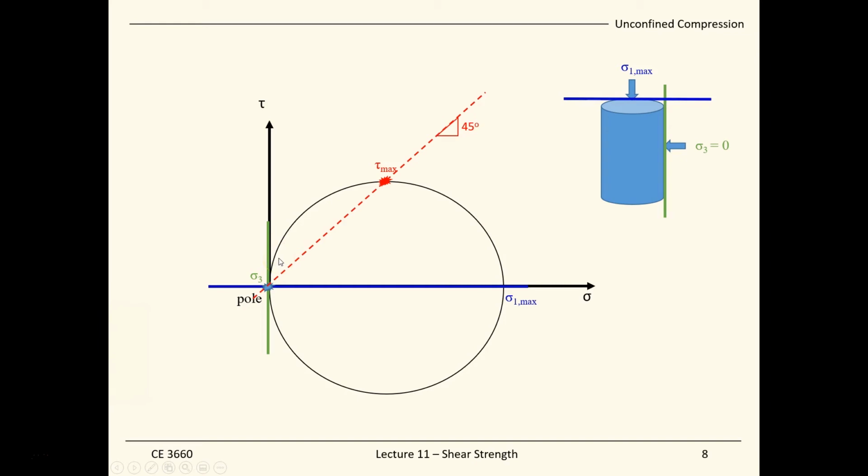And this plane is at 45 degrees in the Mohr circle space. So if we conduct the test, we will find a failure plane that happens within the soil sample at an angle of 45 degrees. Same as our real soil samples, if we test it, we'll find it fails at a plane of 45 degrees if we have done the test properly.